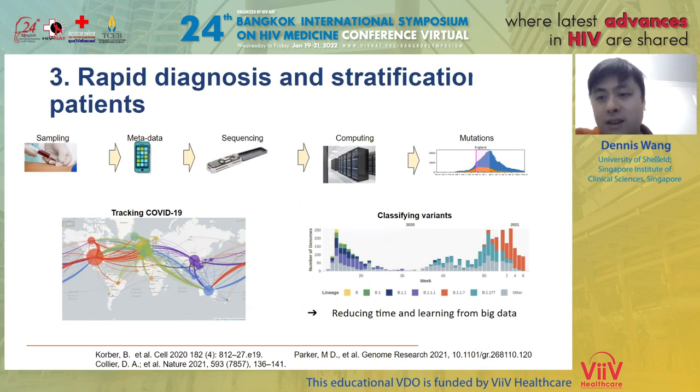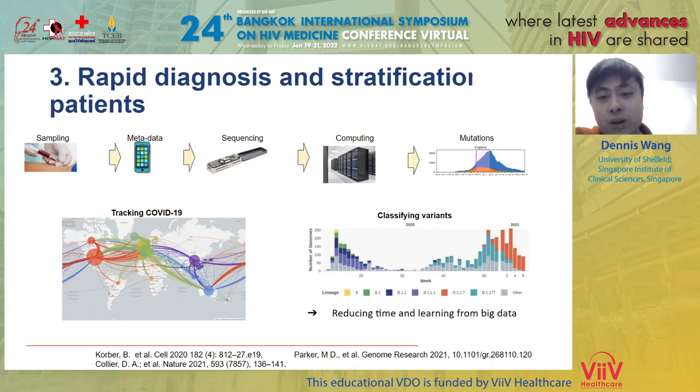Okay, an example of this, again more recent work on COVID, is the ability to collect samples from COVID patients and sequence the viral samples, and also the blood of the patients.